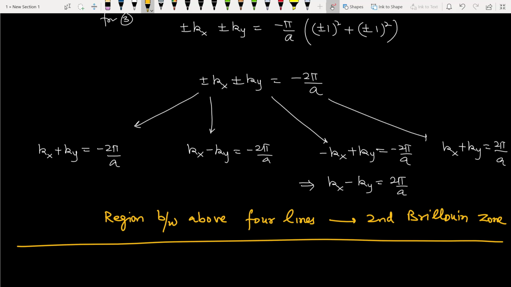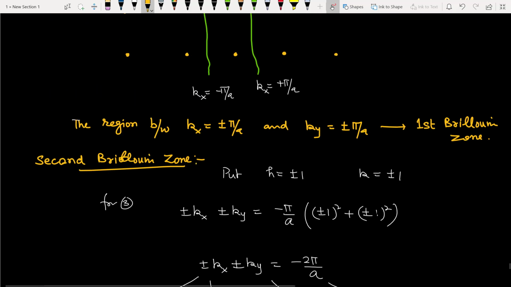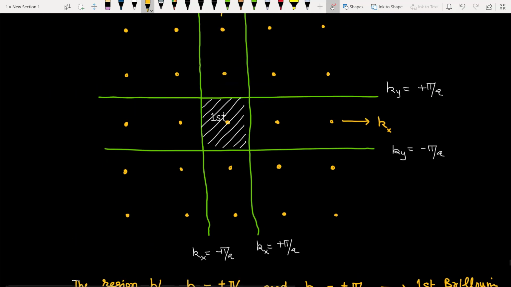Now in the diagram, we will try to depict the second Brillouin zone, and for that we will be representing the equations. So first equation is kx plus ky equal to 2 pi by a. It will be this line.